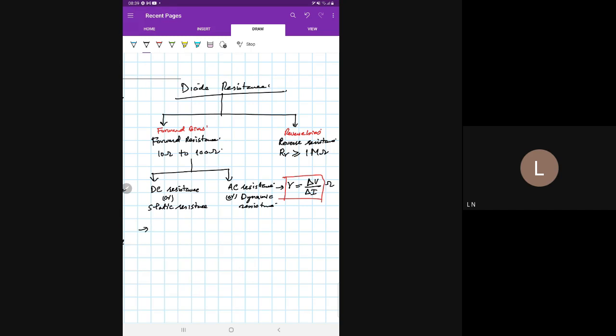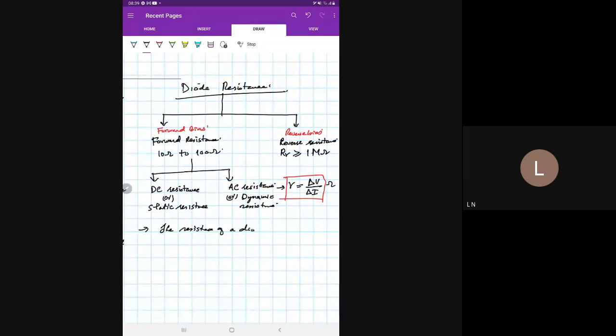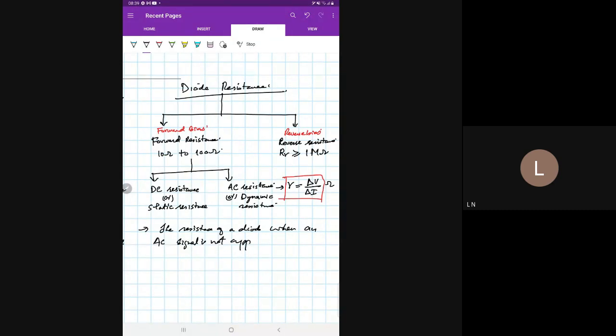So I can say then the resistance of a diode when an AC signal is not applied is known as DC resistance or static resistance.